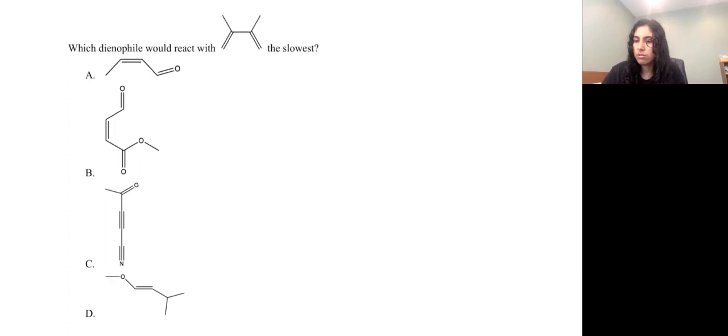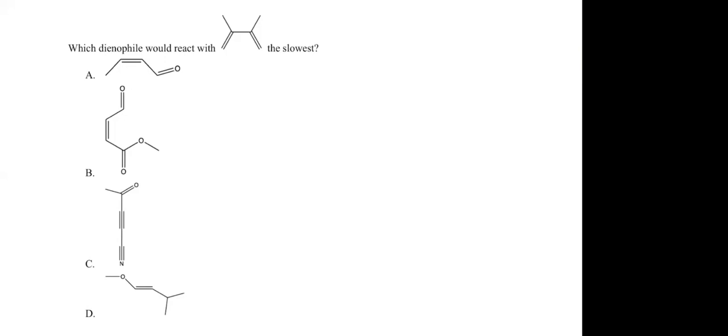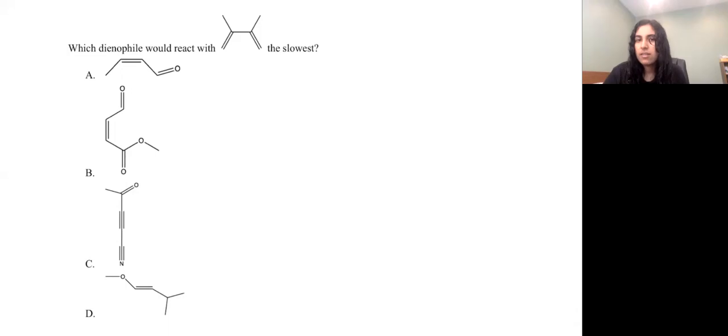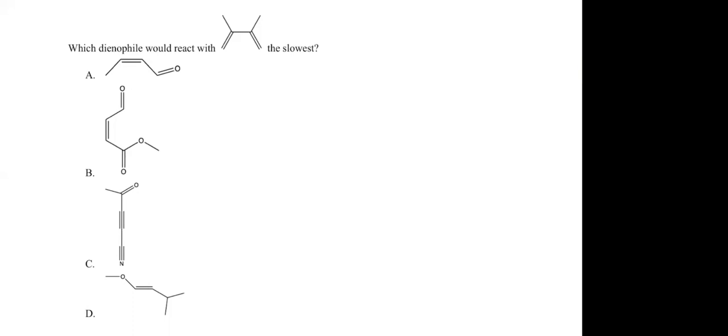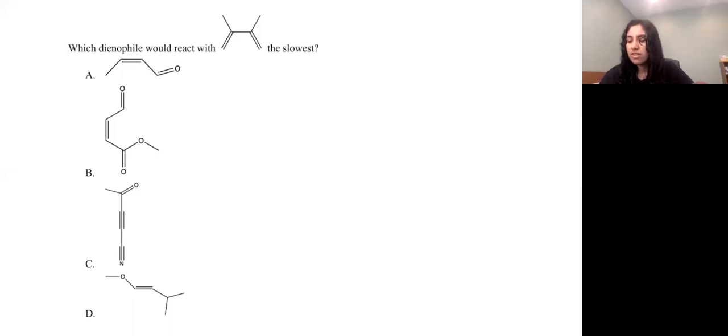Why would that react the slowest? I just thought because it had 2 electron withdrawing groups on it. Yeah, but remember for a dienophile, we want electron withdrawing groups on it. The EWGs only slow down an electrophilic aromatic substitution, but for Diels-Alder, it speeds things up.